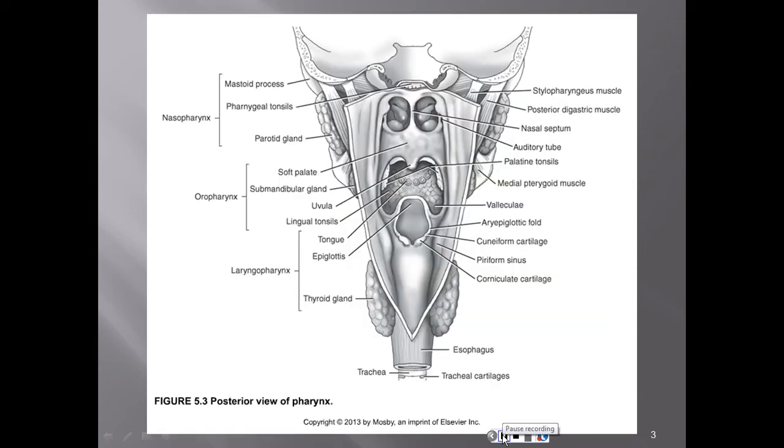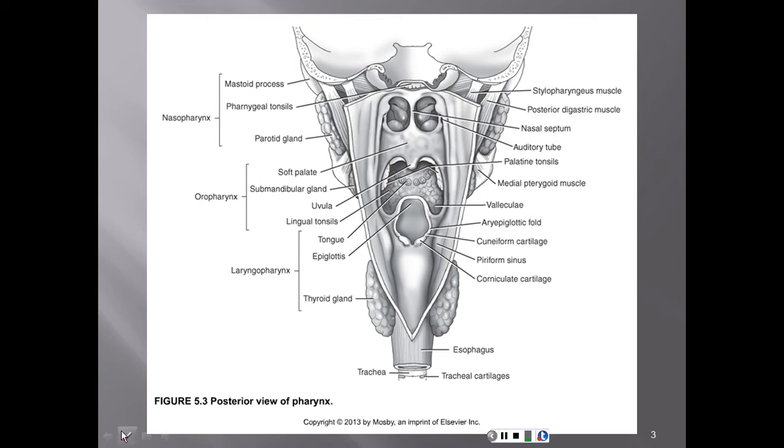This image here is on page 252, and it gives a posterior view of the pharynx. So you're looking at the pharynx from the posterior aspect. This illustration identifies with great specificity the nasopharynx, the oropharynx, as well as the laryngopharynx.